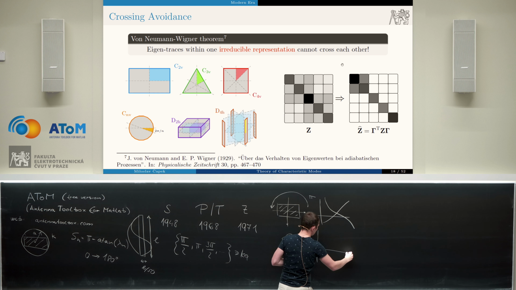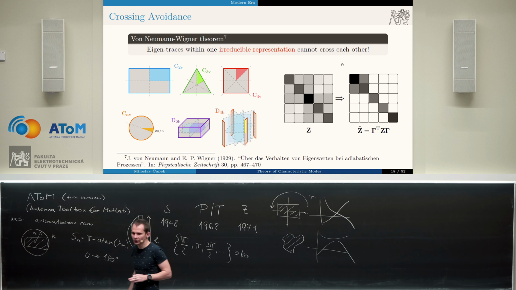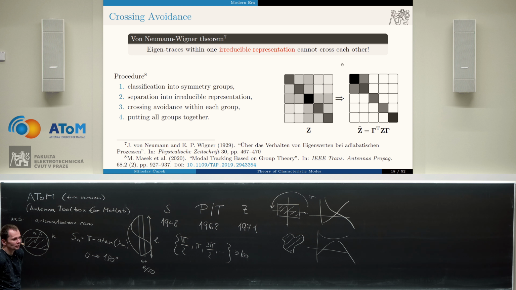But you know from the beginning that for a structure without any symmetries, you can have only behavior like this. So eigentraces should strictly avoid any crossing. So this actually gives you a very nice prescription of how to implement an alternative tracking procedure.